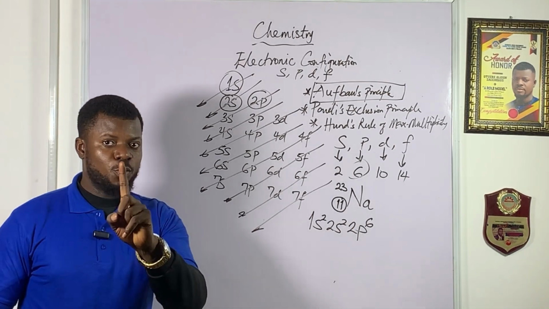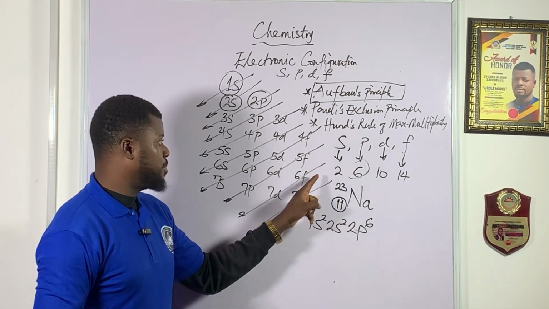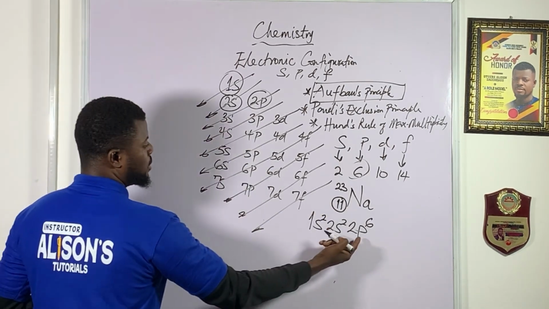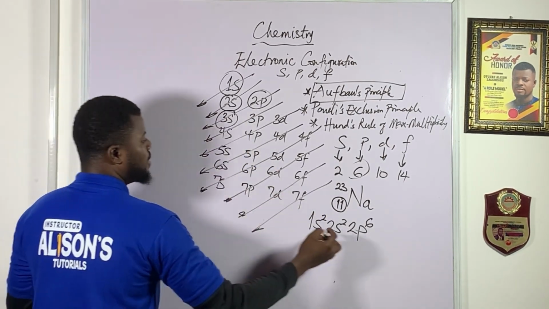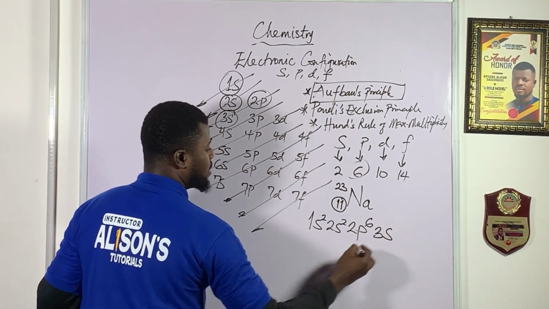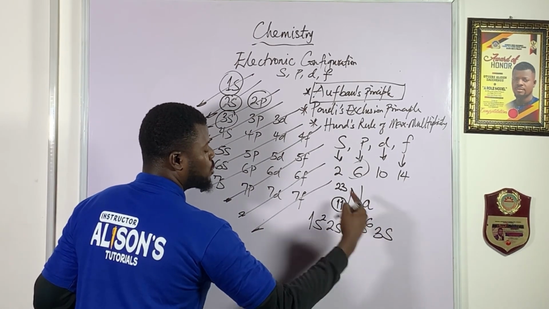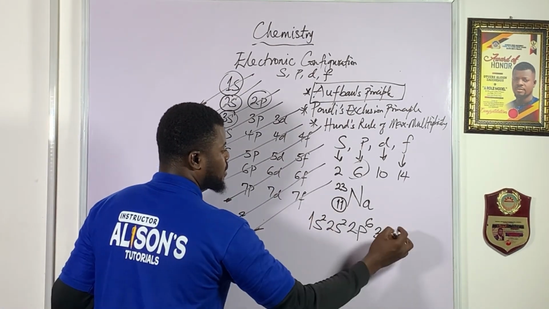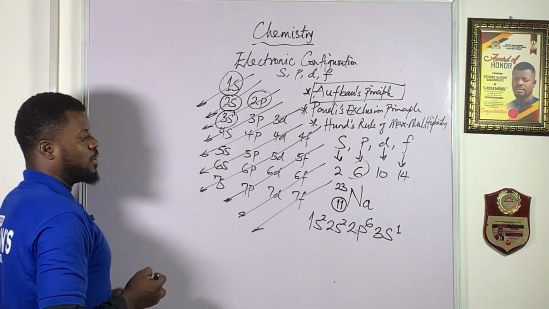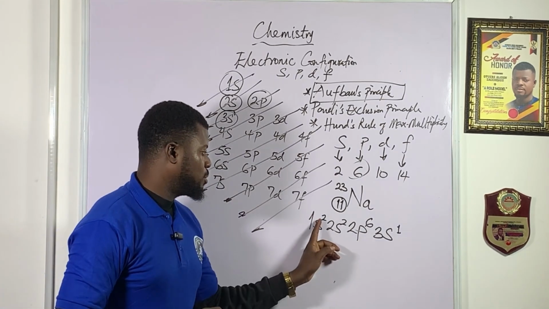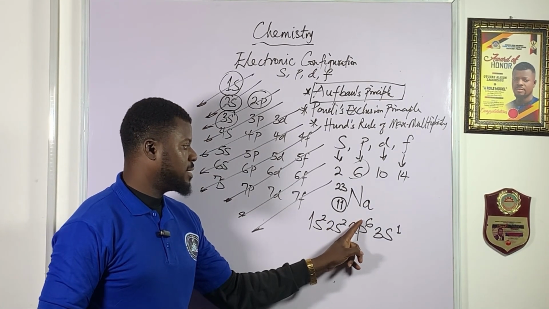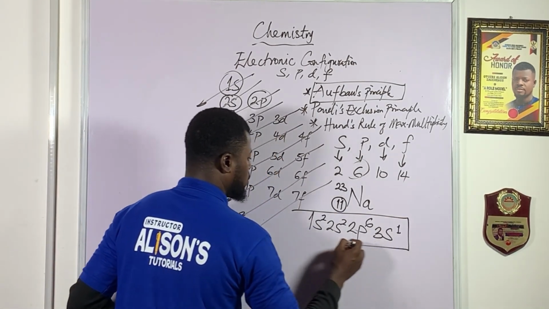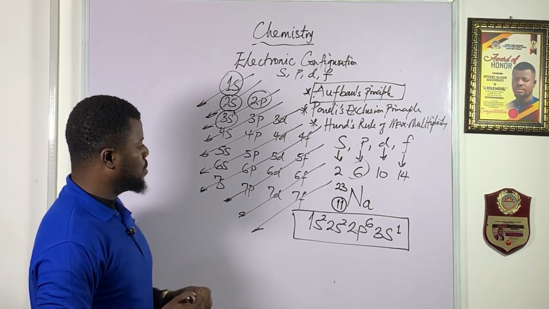We need only one more to make it up to 11. So we don't have to fill this p again. Move to the next one, which is 3s. The maximum it can take is 2, but it can take less than 2. We just needed 1 to complete for sodium. So that's how we have 2, 4, plus 6, 10, plus 1, 11. So this is the electronic configuration of sodium.